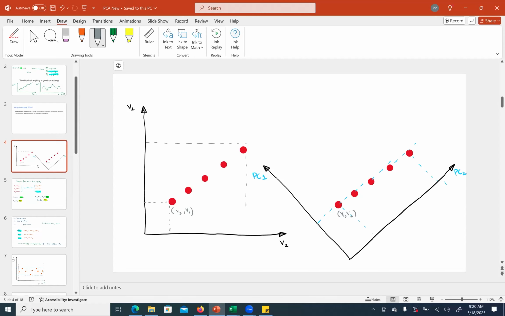Variable 1 was varying, variable 2 was varying. PCA rotates the axes in such a way that the variation along one of the axes is almost negligible. One of the values becomes almost constant. So the importance of that variable will go down.